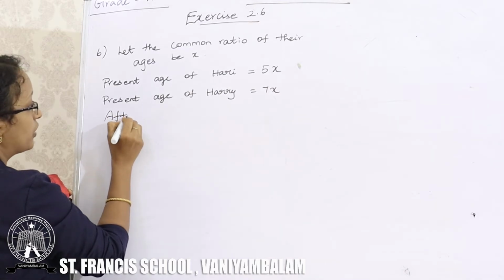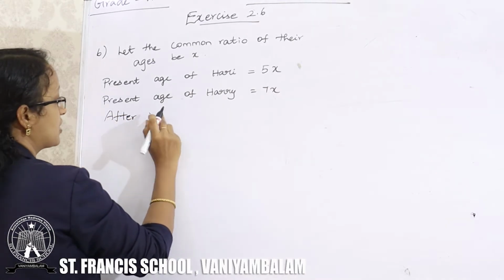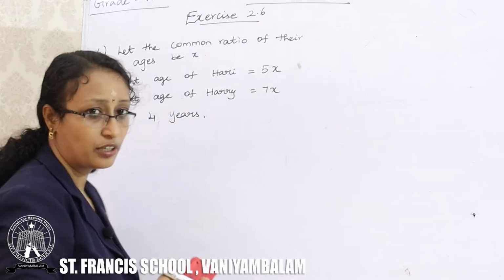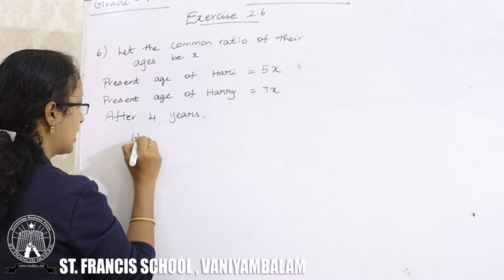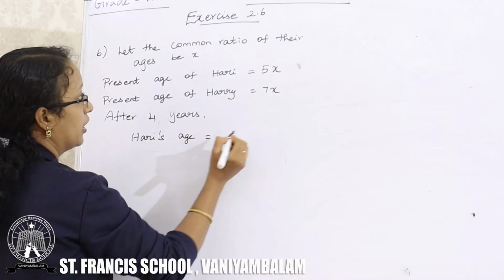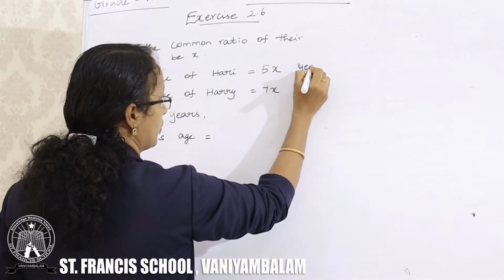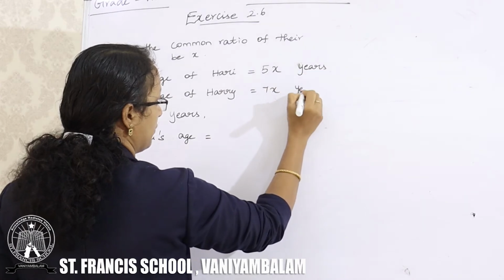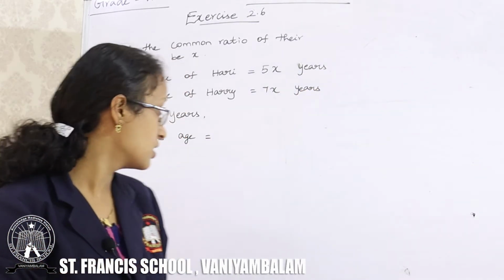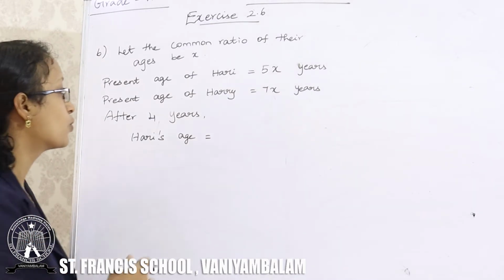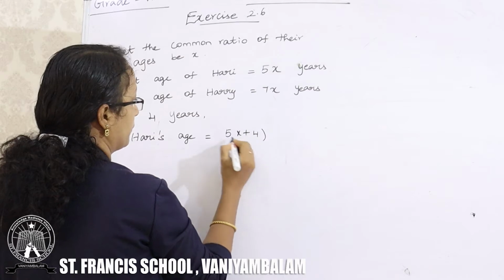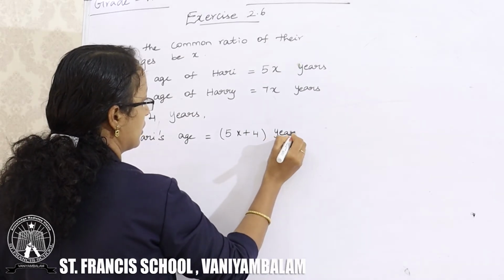So after 4 years, what will be their ages? You can write the years, 5x years, because this is an age problem, so you have to write the unit years. After 4 years, Hari's age will be 5x + 4 years.